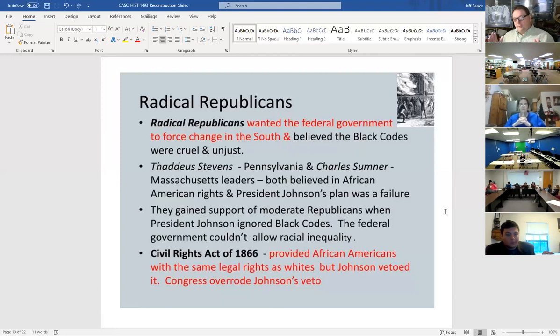And even though the Radical Republicans wanted to give this land to the freed African Americans, who not only were free, but the 14th Amendment had been passed, which guaranteed them all of the amendments, the Bill of Rights, they were to receive those benefits too.